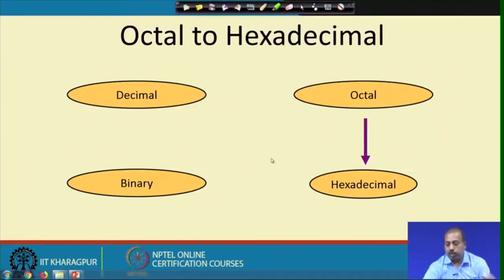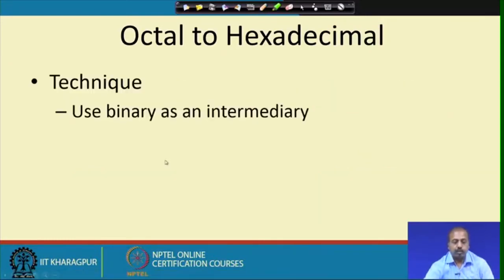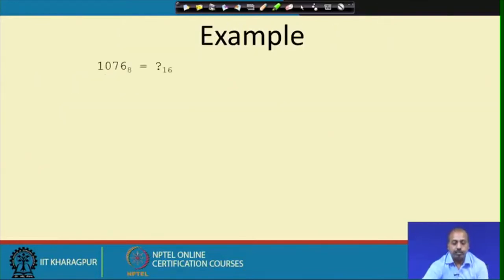Then how do we convert an octal number to a hexadecimal number? You can use a binary number as the intermediary. We convert the octal number to a binary number first, and from the binary number we convert to a hexadecimal number. Say this is an octal number, 1076 to the base 8.